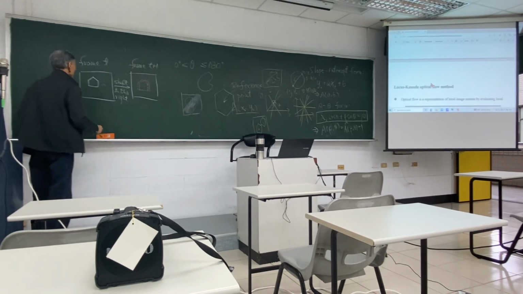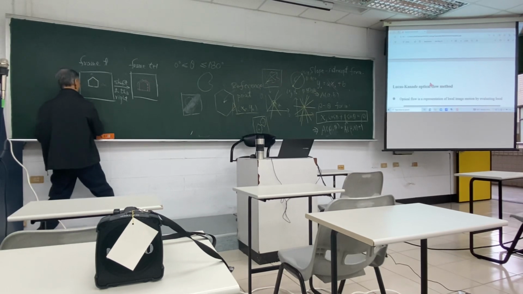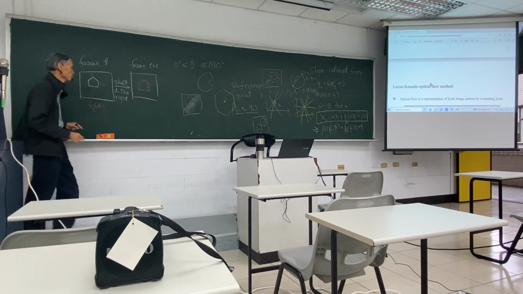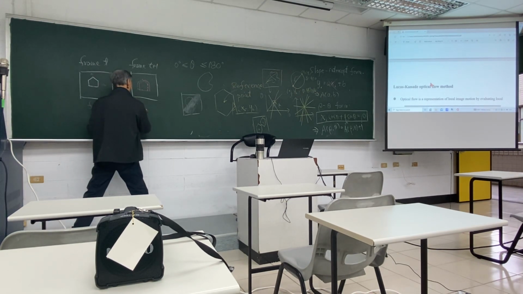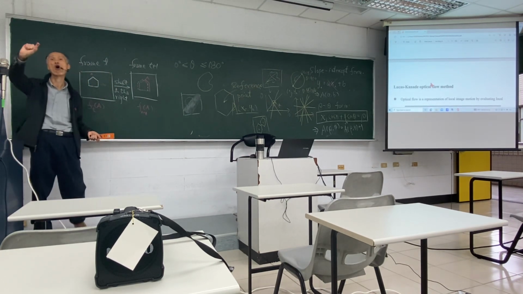Now, suppose we have a point here called A at time t. What would happen to the same point A at t plus 1? Assume the time difference is so small.